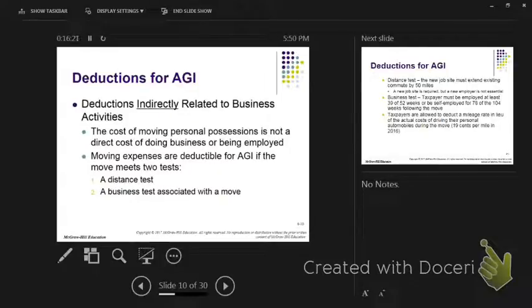So it seems self-explanatory, but obviously even when you go to a tax place to do it, they might not get it right. So you do have to move for work. You have to meet 2 tests. The first is a distance test, and the second is the business test, which I just talked about. With the distance test, you have to move 50 miles past where you currently drive for work.